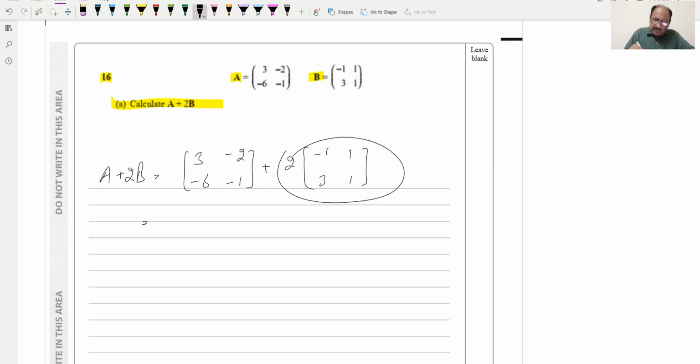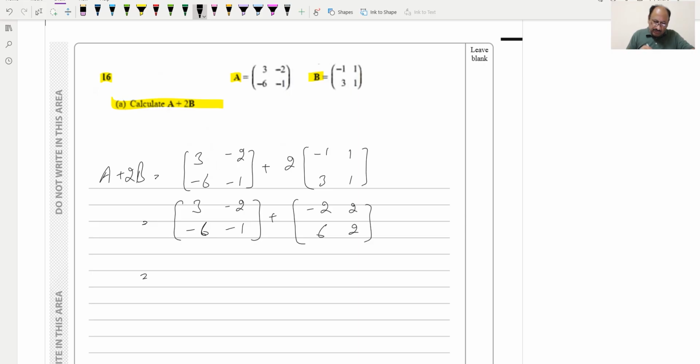First we'll multiply this inside, and we can write this step as 3, minus 6. I'm copying the A matrix as it is, and we can multiply this inside, so minus 2, 6, 2 and 2. We can combine these two, and this will be 3 minus 2, plus 2, and minus 6 plus 6, and minus 1 plus 2.